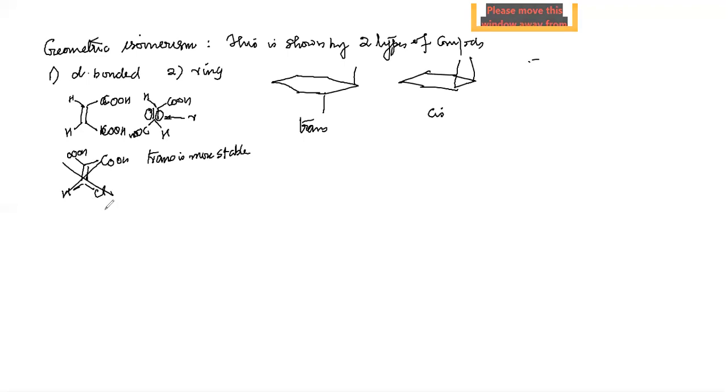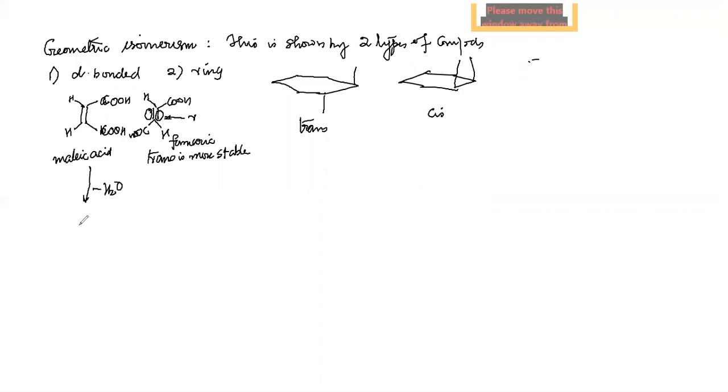Suppose you have this molecule in which the carboxylic acid is on the same side, this is called maleic acid. And this is called fumaric acid. If we are heating maleic acid, very easily it will remove a molecule of water.